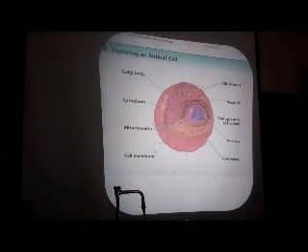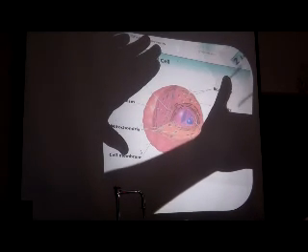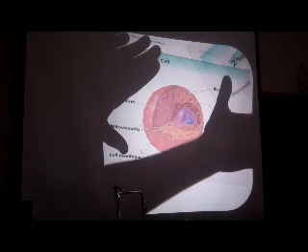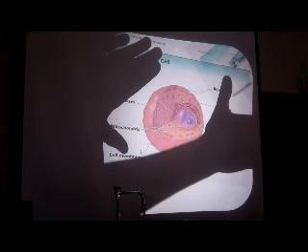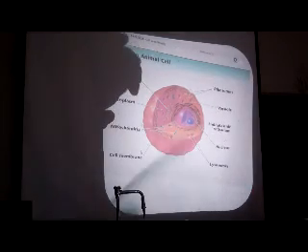Your typical animal cell. Even if nothing was labeled, you should be able to look at this cell and automatically know that this is a eukaryotic cell. You could probably guess it's an animal cell because you're not going to see any of those chloroplasts.